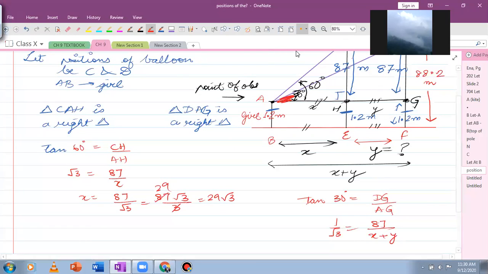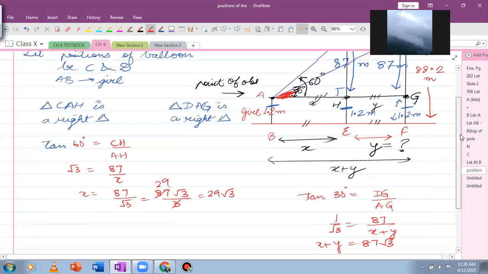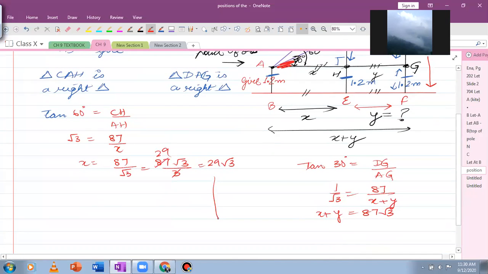Now just cross multiply and try to solve this. So you will have x plus y equals 87 times root 3. Using the value of x from here, we have 29 times root 3 plus y equals 87 times root 3.